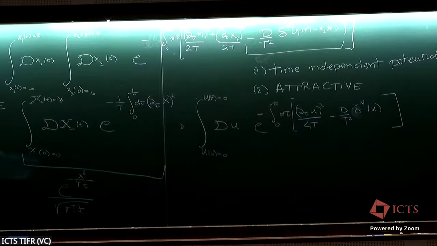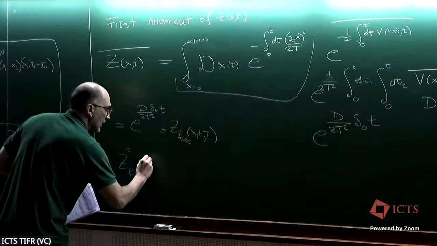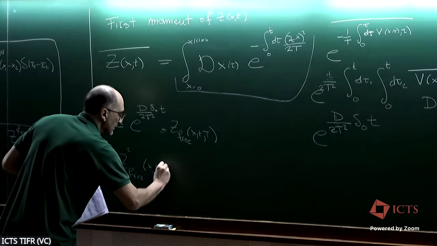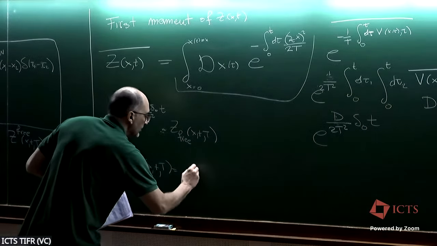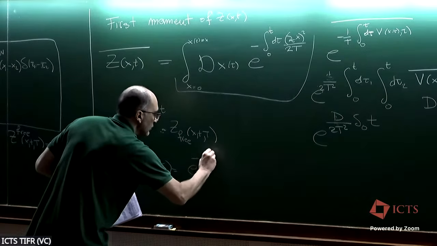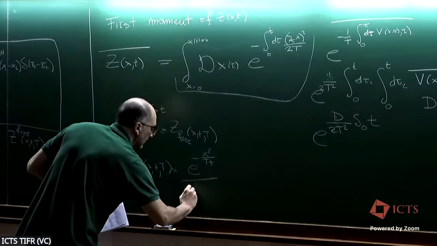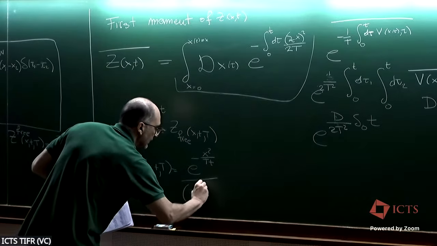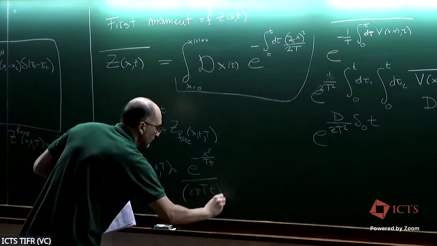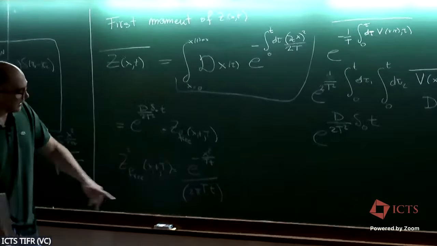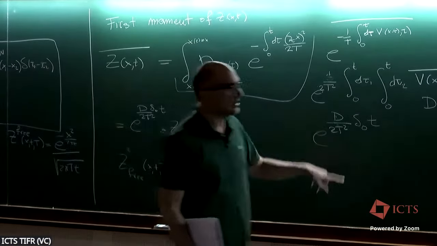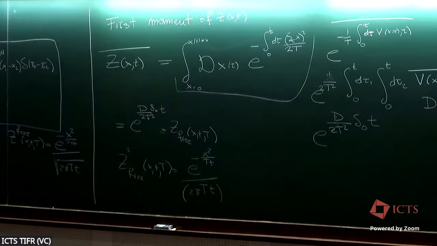Now, if you compute what is Z square x t capital T, it will be exponential minus x squared divided by t, and here you have something like 2 pi capital T. So you see that it's very similar to what I have here. There is just this square root factor, okay, that you have to match.